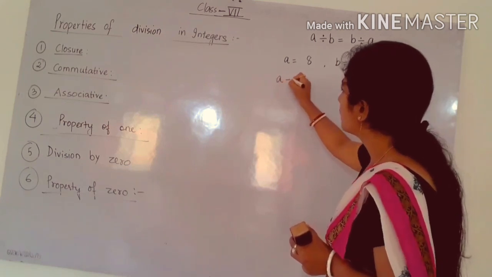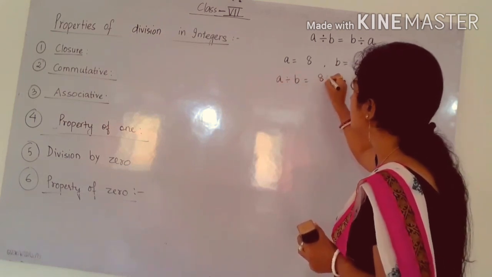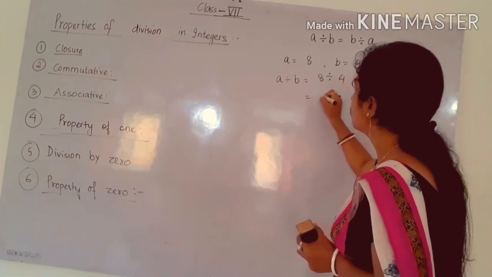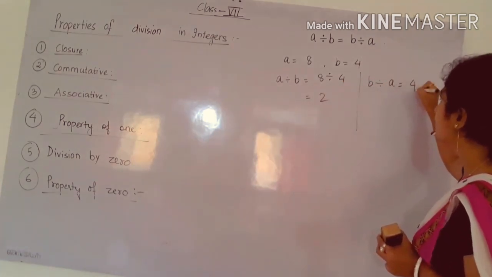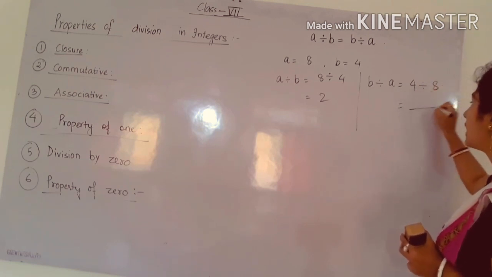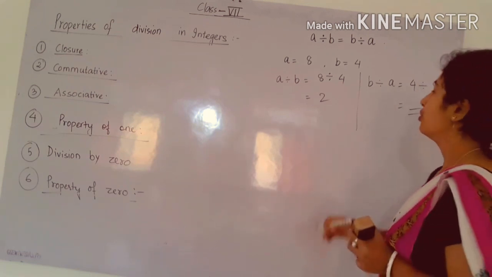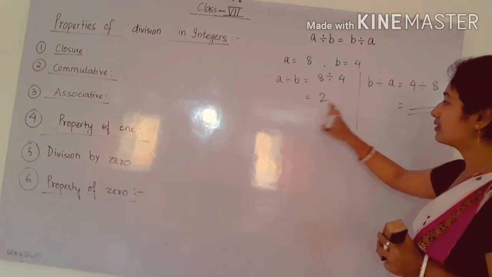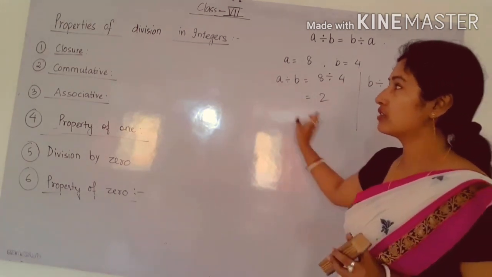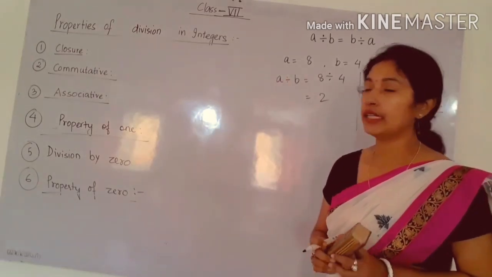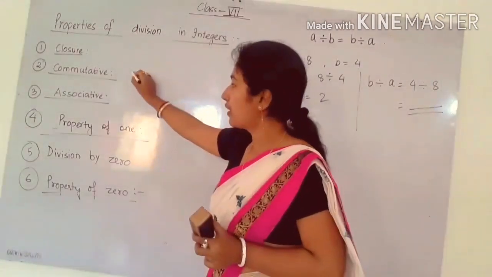On the left hand side, we will get 2. But when you do B divided by A, that is 4 divided by 8, you will get the answer in decimal. So this answer and that answer will not match. That means the commutative property is not satisfied in case of division in integers.